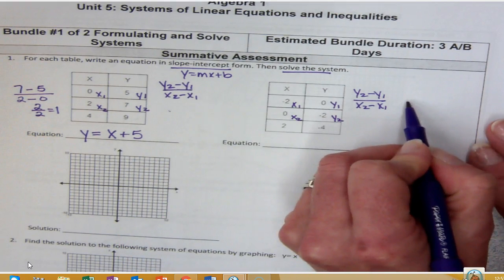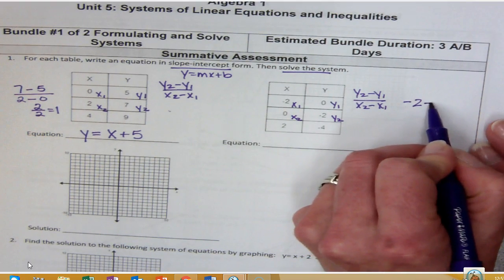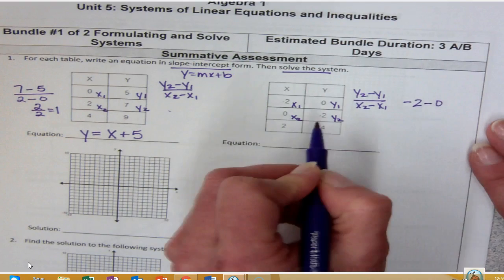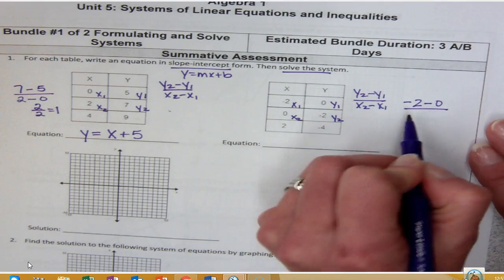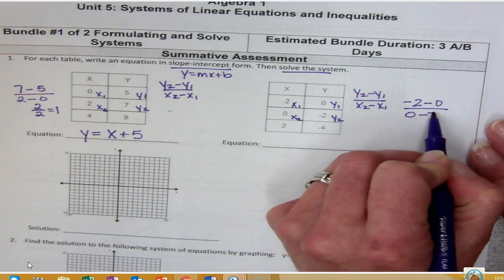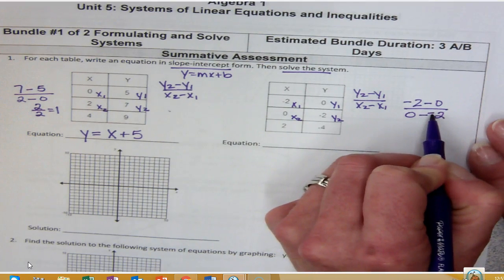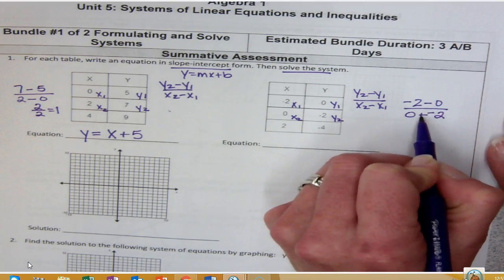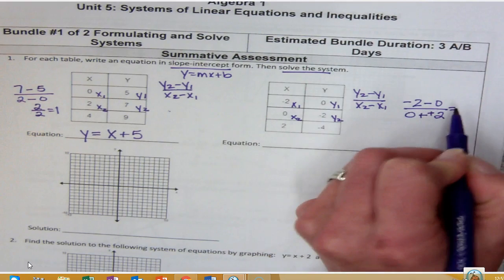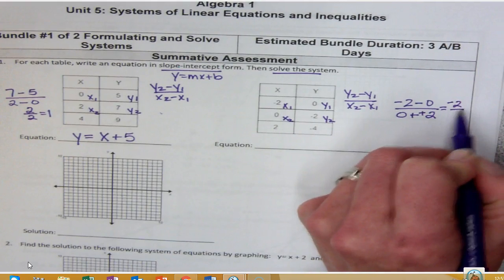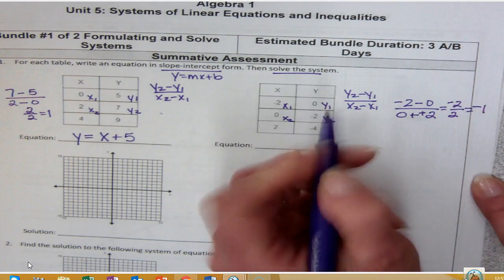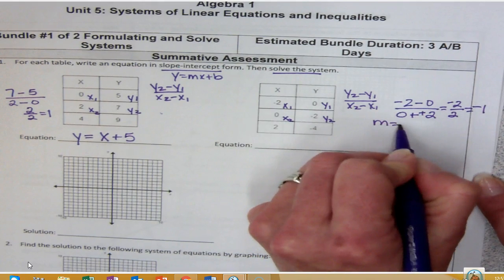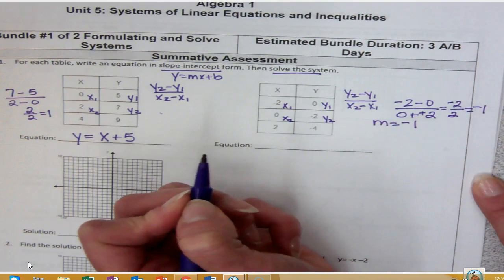I'm going to go negative 2 minus 0 over 0 minus negative 2. And a negative minus a negative is a positive. So I get negative 2 over positive 2, which is going to equal negative 1. So my slope in this situation is negative 1.